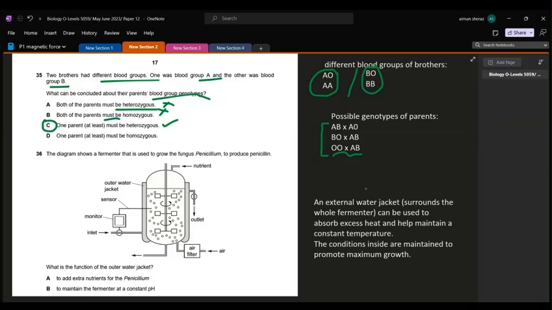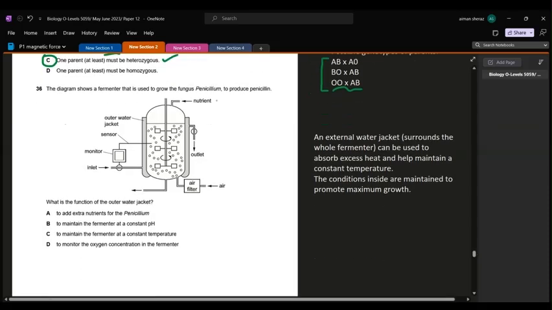Question number 36. The diagram shows a fermenter that is used to grow the fungus Penicillium to produce penicillin. What is the function of the outer water jacket? I have written here the function: an external water jacket surrounds the whole fermenter. So not only a side, it supports the whole fermenter, and it can be used to absorb excess heat and help maintain a constant temperature.